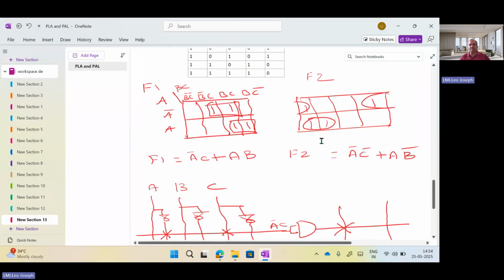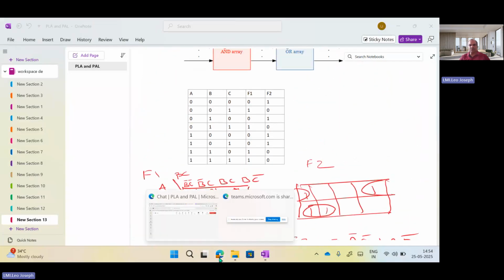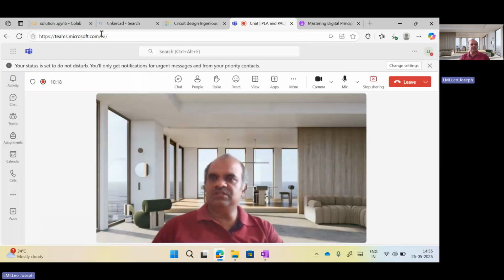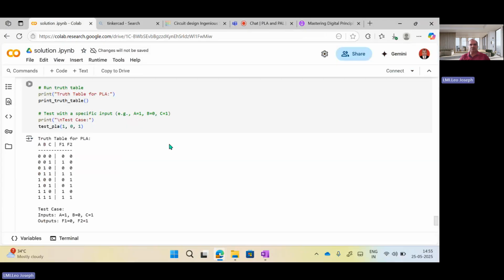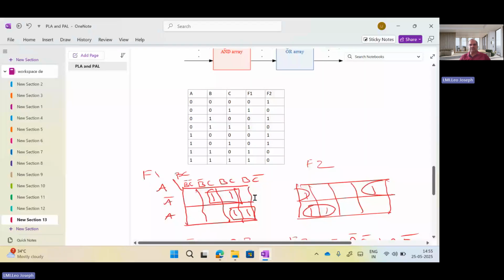Okay, I think the theory part is clear for you. Now I am going to take you to the programming part in Python. You can check here, this is the same thing, same program. Definition: PLA simulator. Three functions are involved, A, B, and C. So what are all the things we are doing?